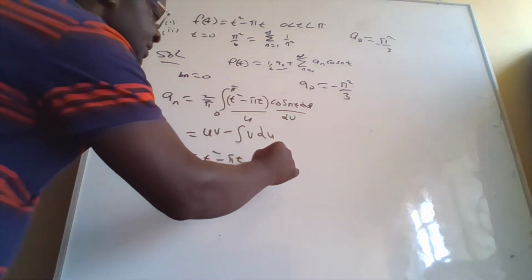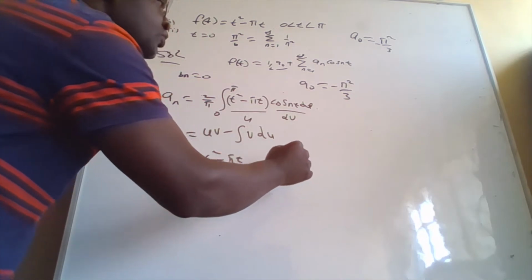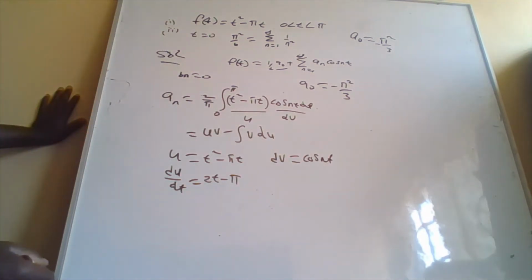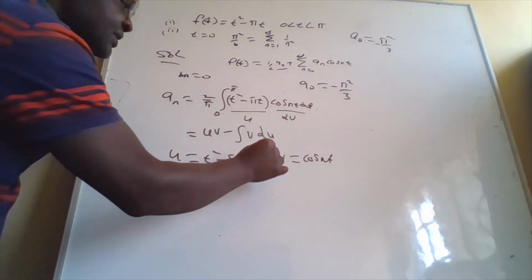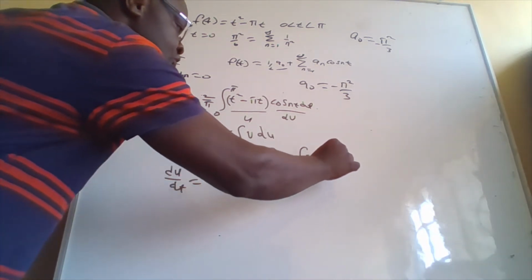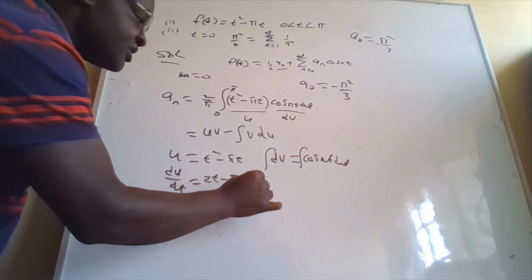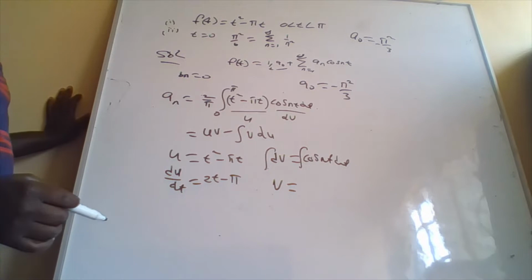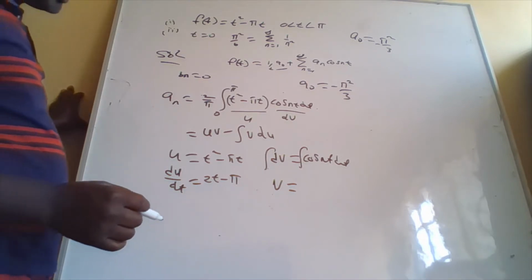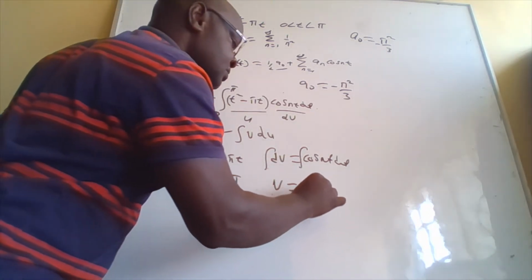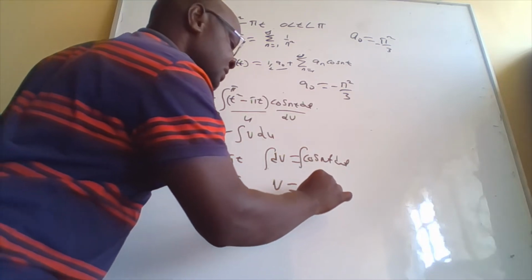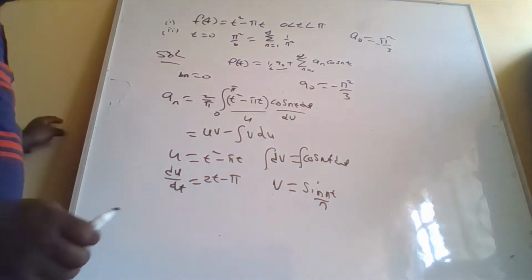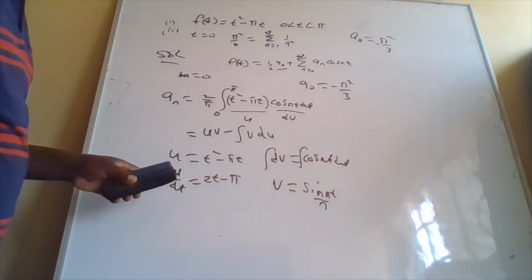And then we are saying that dv equals cos nt. Now to get the value of v, we integrate this equation on both sides. When you integrate dv, you get v, and when you integrate cos nt, you get sine nt over n.